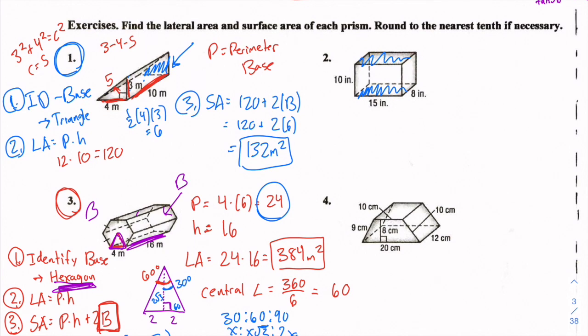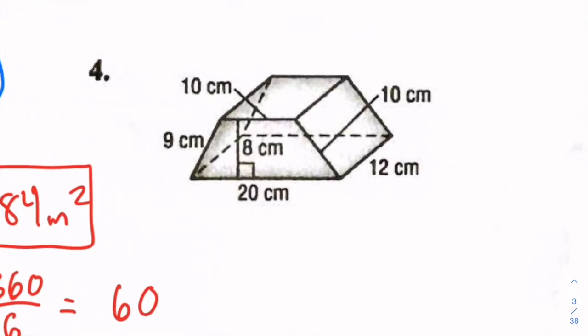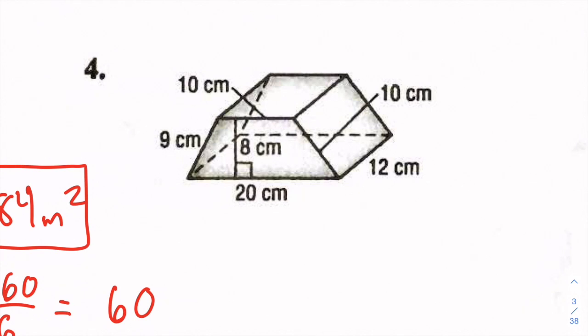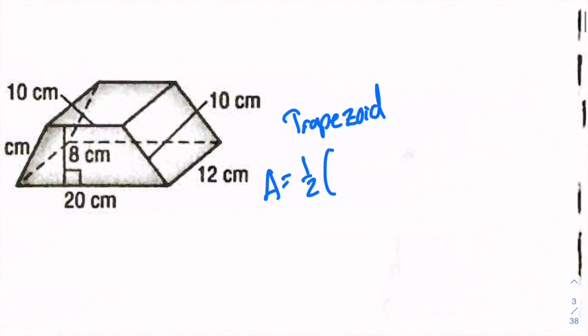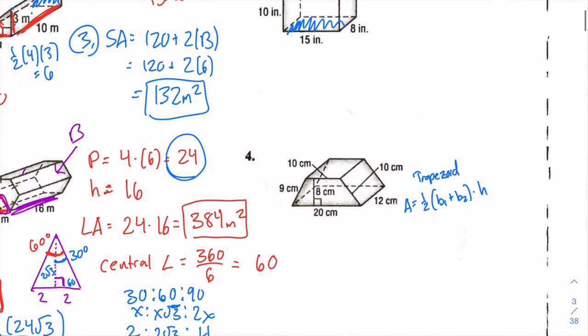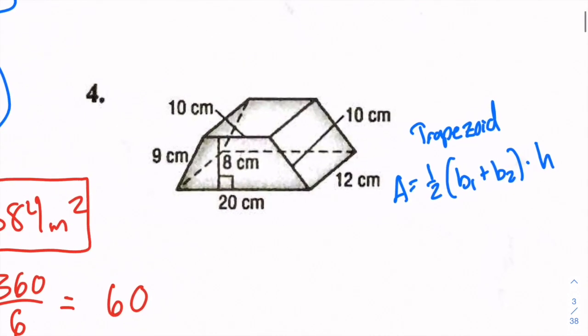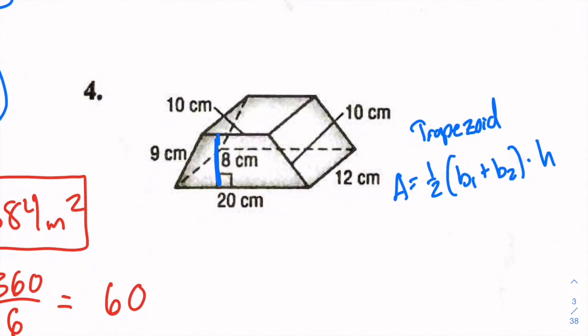And for number 4, anyone take a guess what this base is here? Good job. It is a trapezoid. Just a little throwback. Area of a trapezoid: 1/2 base 1 plus base 2 times the height. And the height for this, ooh, what would be the height? Looking at this, remember, this is not the height now.